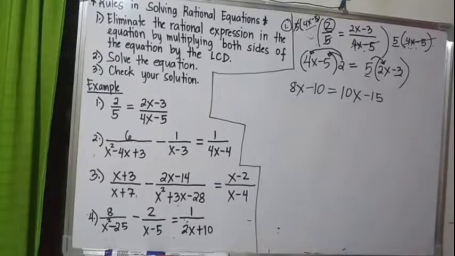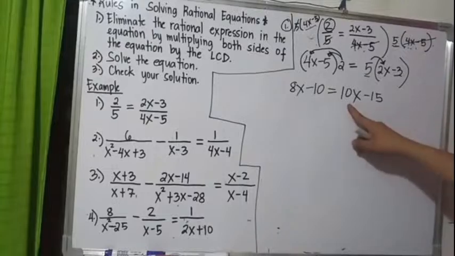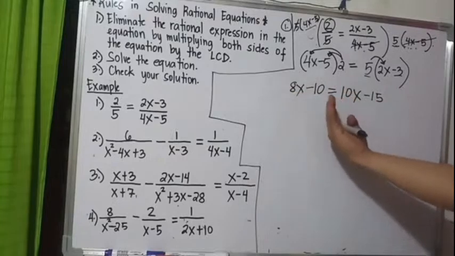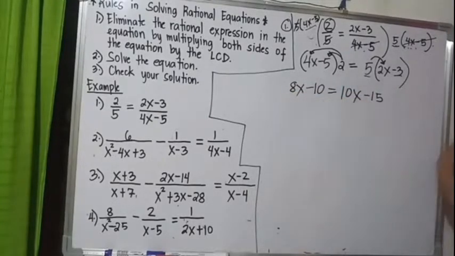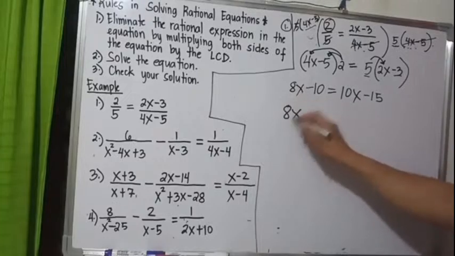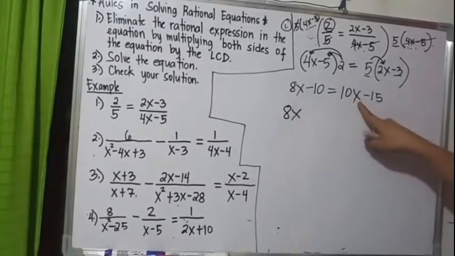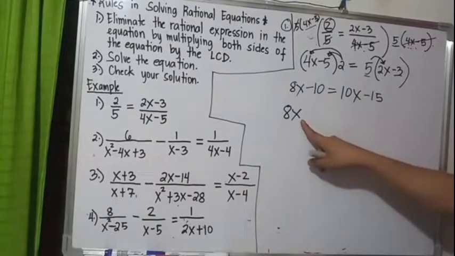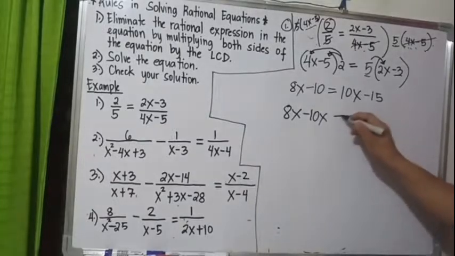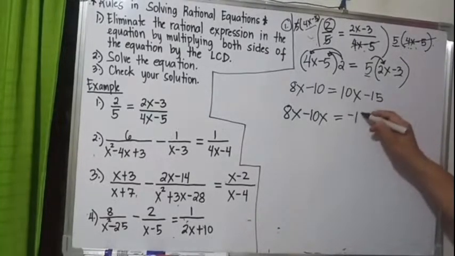So before we combine like terms, i-transpose natin yung variable dito sa kabila and yung whole number or constant dito sa kabila. So 8x, then this one positive 10x, i-transpose natin yan sa other side, magiging negative 10x equals negative 15.